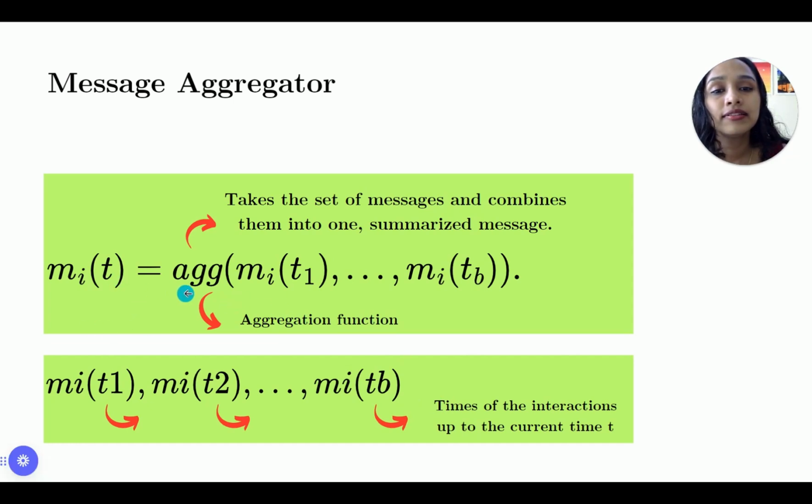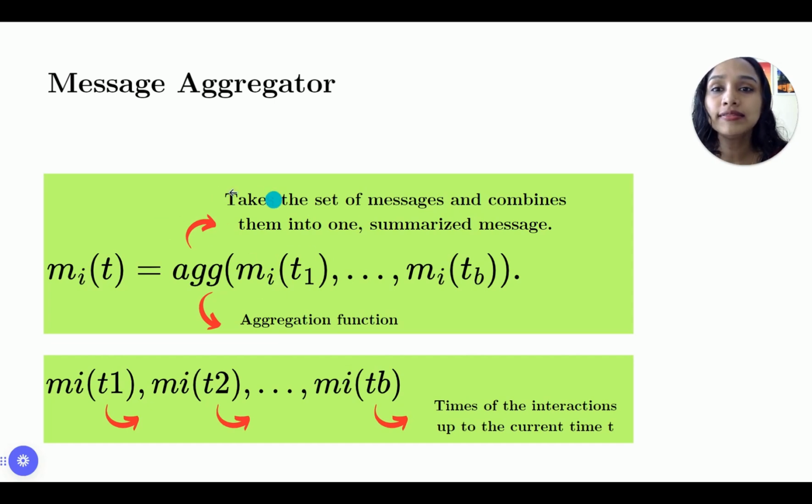Either this aggregation function can calculate the mean of the messages computed so far, or it can create a summary of messages by calculating the mean of the messages and considering the recent message, or it can work as a recurrent neural network for computing the messages and converting them into a single summarized message.